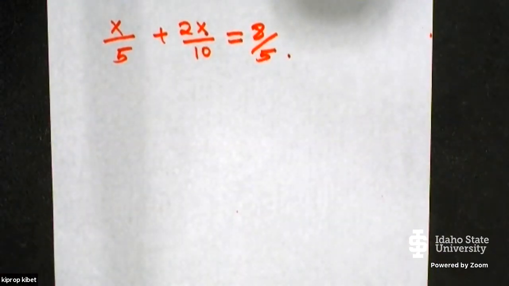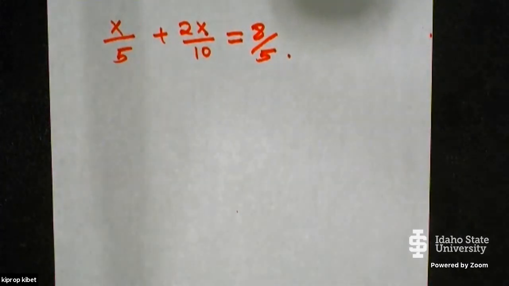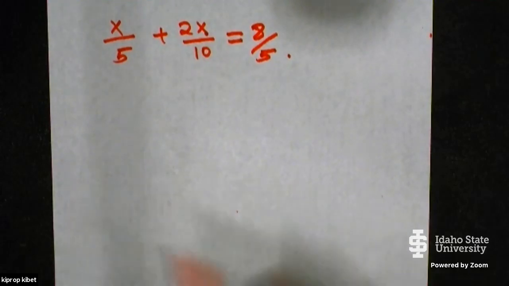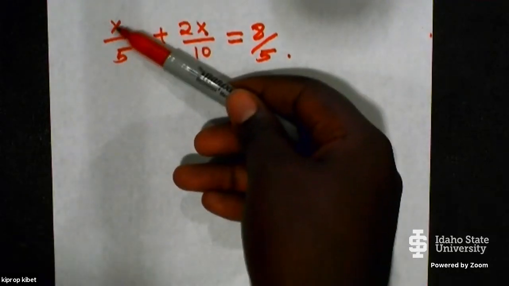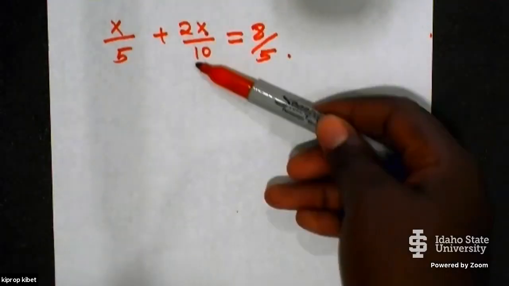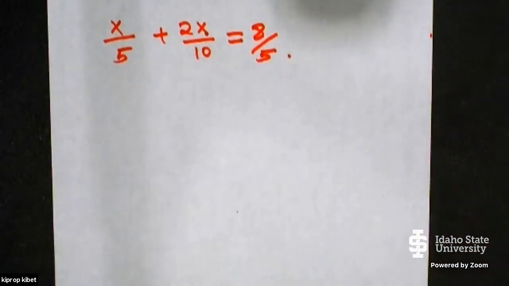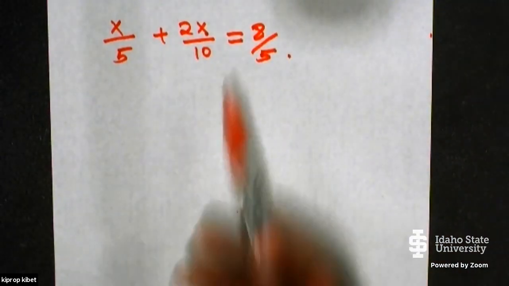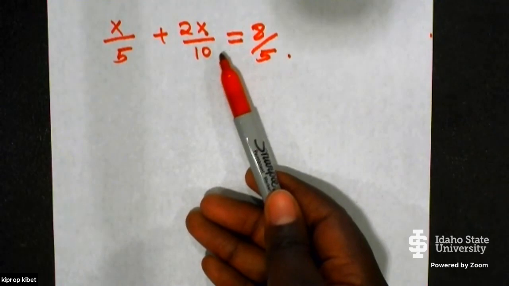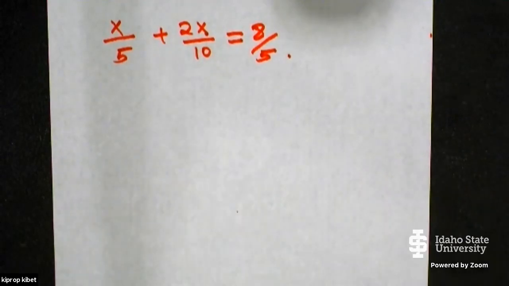Now, solve that. So this is rational because we have P over Q here, P over Q here, P over Q here. So those are the rational. And then we have the equal sign there. So it becomes the rational equation.